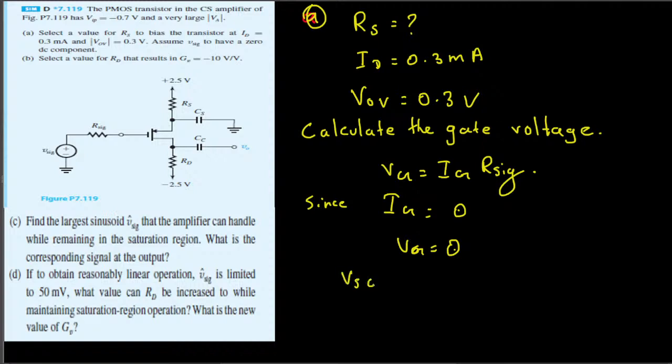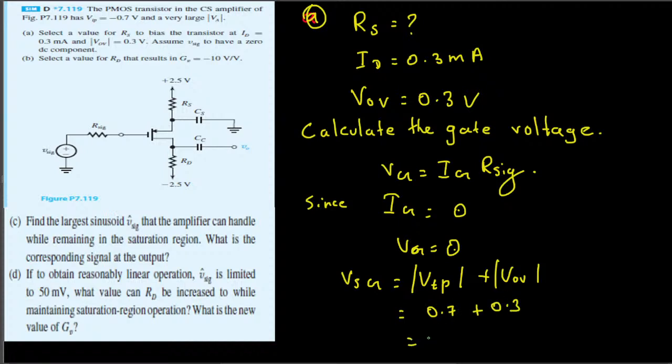If Vg is 0, then we can find vsg. Vsg is given by the absolute value of VTP, the threshold voltage for the PMOS transistor, plus V overdrive. VTP is given in the question, and V overdrive is also given, and both of them are absolute values, so if you have a negative, that turns into positive. So let's plug in 0.7 for VTP, and V overdrive is 0.3.